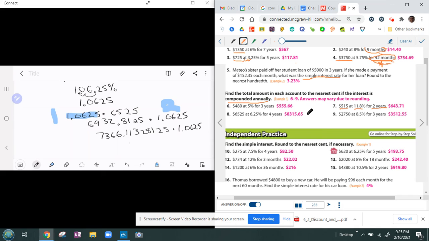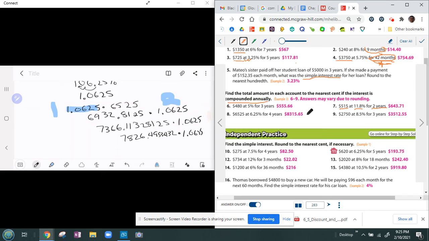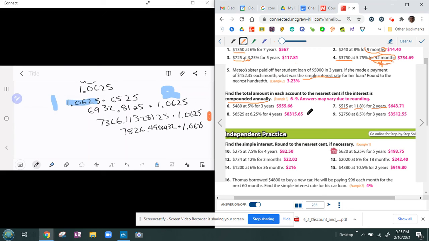Comes to 7,826.49536132. And guess what I have to do? Times 1.0625. And that gets me my total of $8,315.65. Now, depending on how you round it, it might come to a little bit different answer, a couple cents off here or there, but that would be how you do it.